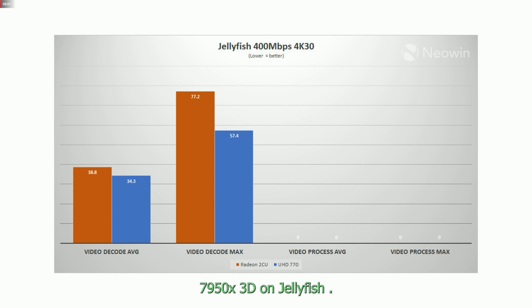On Jellyfish 400 Mbps 4K 30 frames per second, on the video decoding part, you can see the internal graphics of the 14900K, Ultra HD 770, gets a better result.